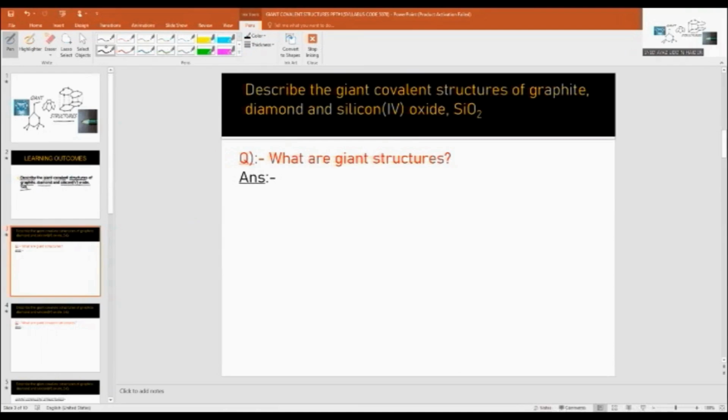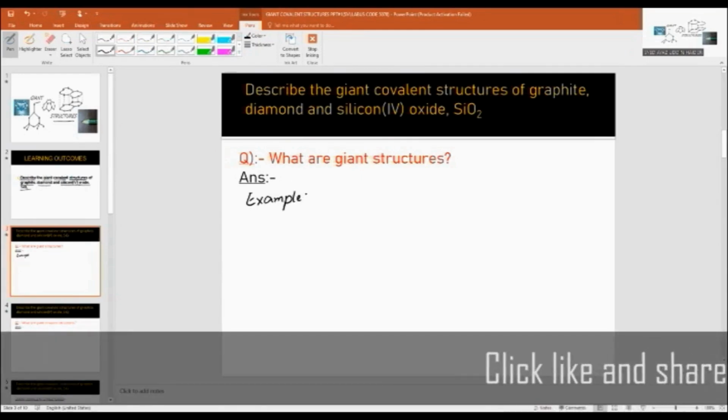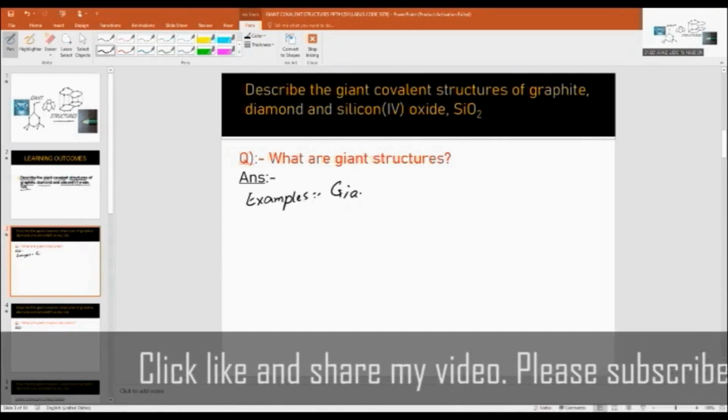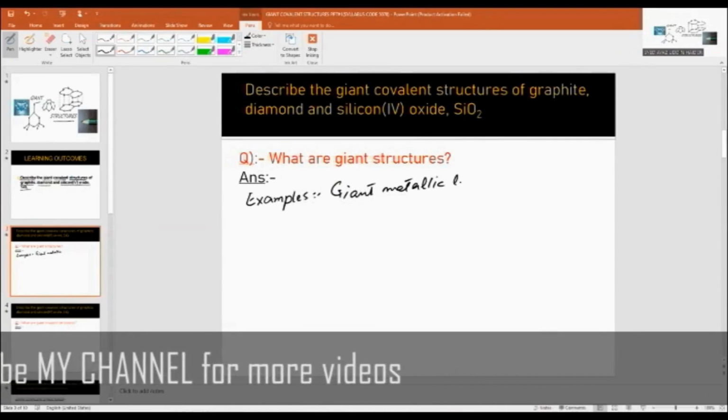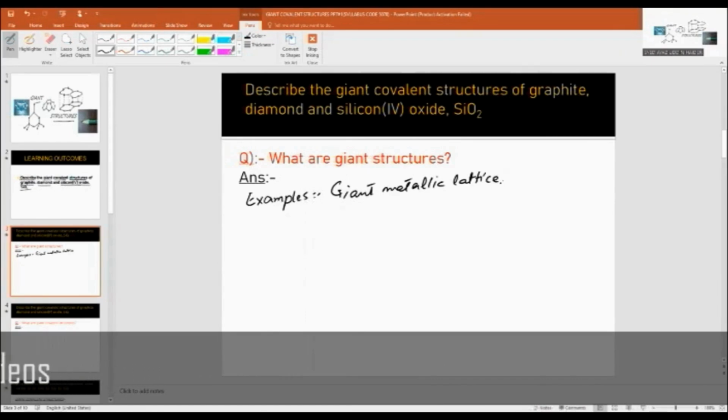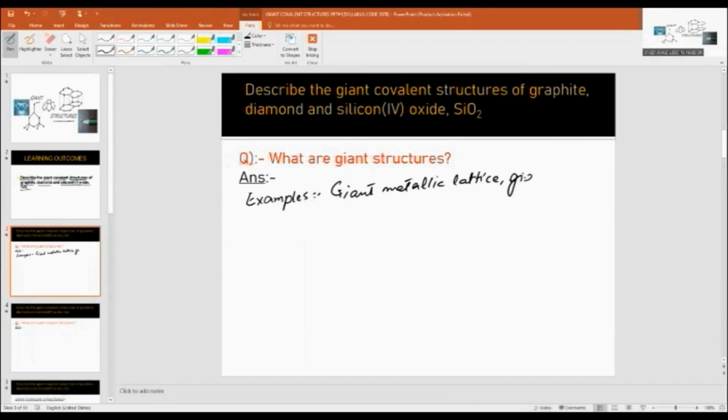Some examples include giant metallic lattice, giant ionic crystal lattice, and macromolecules.